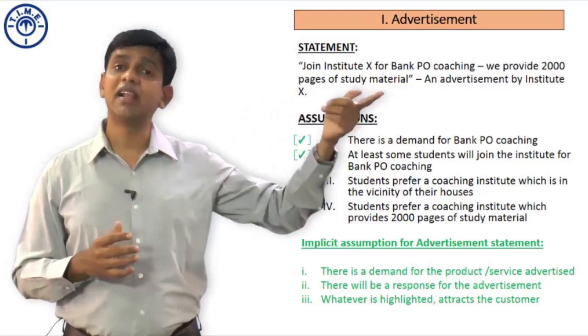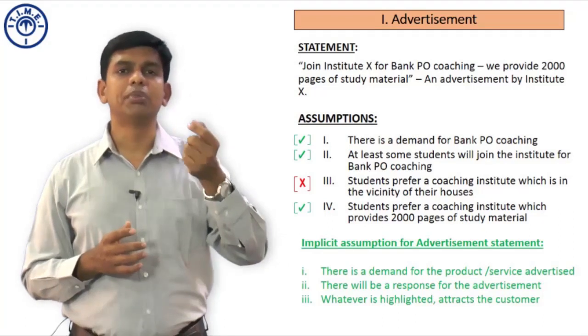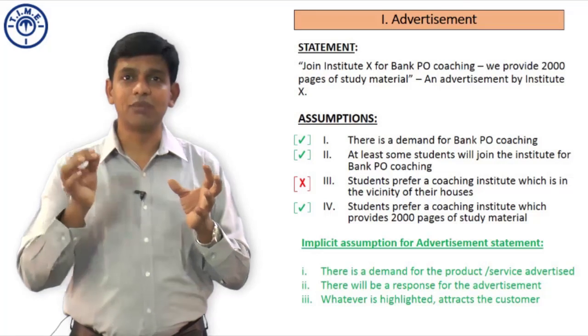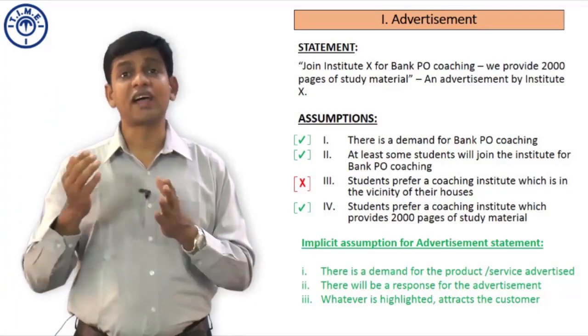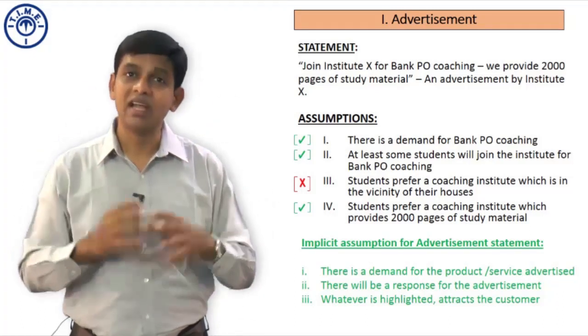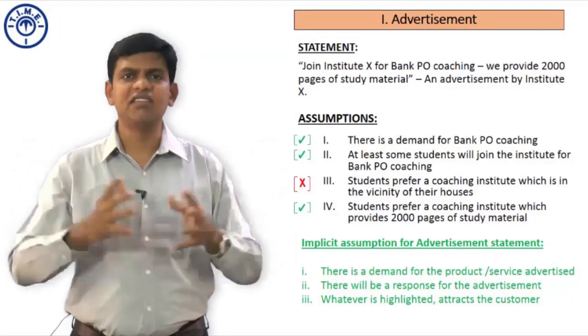However, there is something else given in the advertisement. What? That we provide you 2000 pages of study material. Now, what is this? This is something which is highlighted in an advertisement. So, since it is highlighted in the advertisement, the speaker strongly believes that this particularly attracts its customers, in this case, the students.